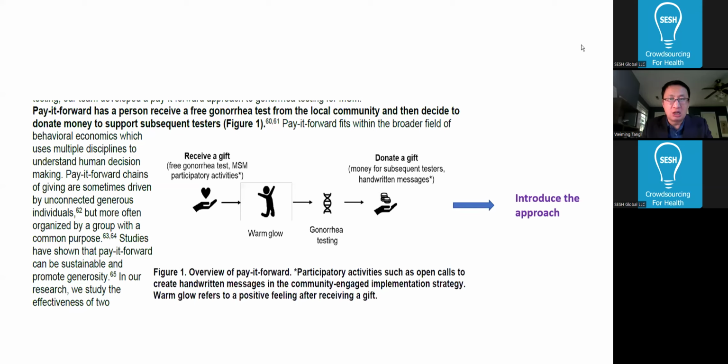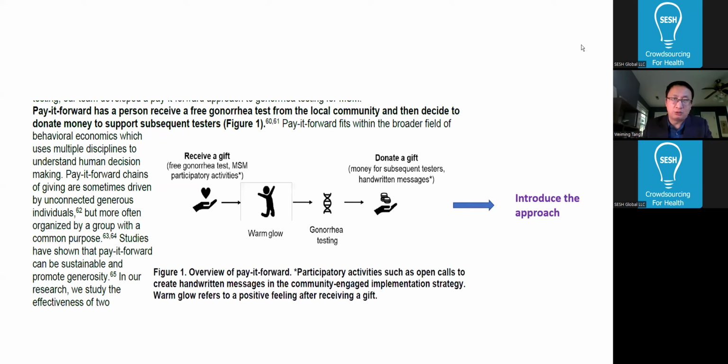For example, in this study, we are proposing a pay-it-forward strategy to try to improve testing uptake, in order to identify more people living with gonorrhea and provide treatment to them, in order to reduce the transmission and also reduce the AMR rate of gonorrhea among MSM in China. So this is a very clear logic. You want to identify the problem, indicate why the problem is important, what the research gap is, and how you will address the problems.